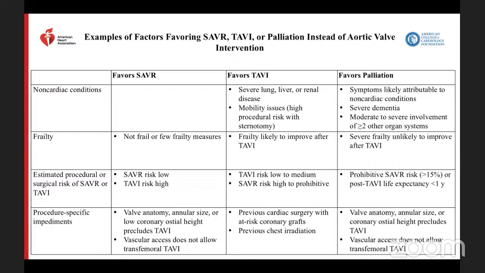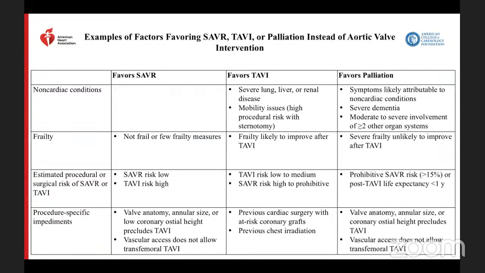So in case the access is not possible through the femoral artery because of peripheral artery disease, palliation is an option. What about transfemoral, transaortic, transaxillary? I don't understand this. Haytham, I don't know if you can... Which one?